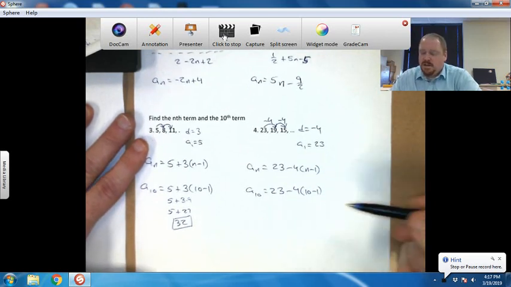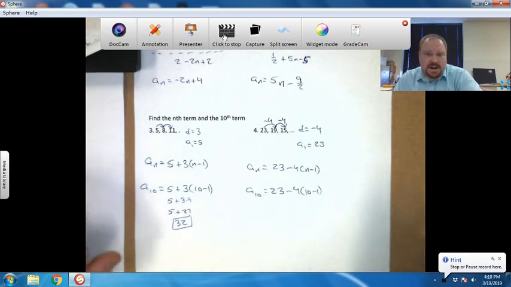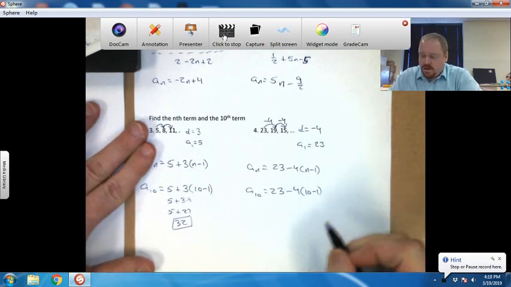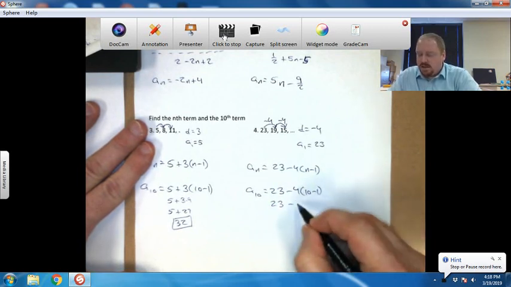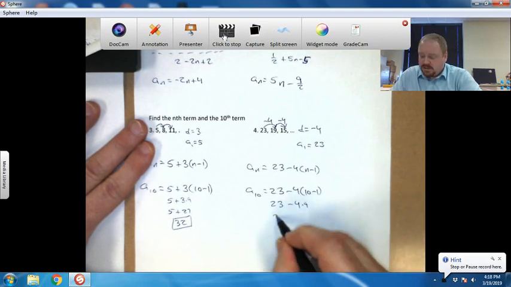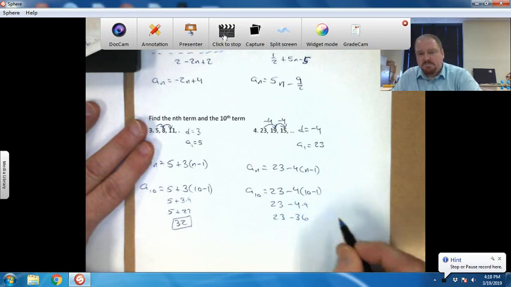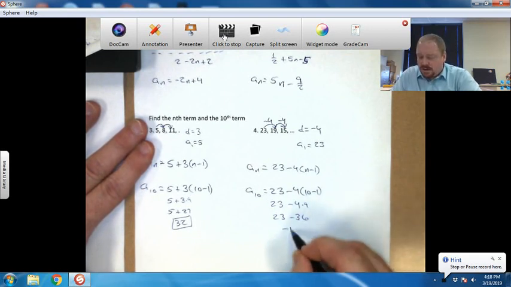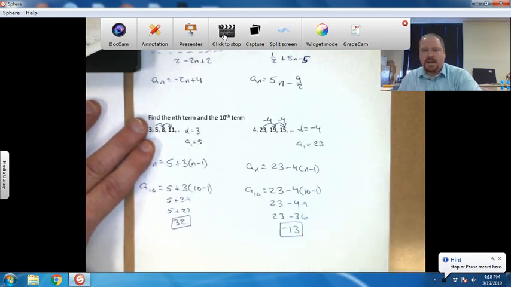And again, show me this, and then show me the number that you get out of the calculator. 10 minus 1 is 9. 4 times 9 is 36. 23 minus 36, that's negative 13. So that's my answer.